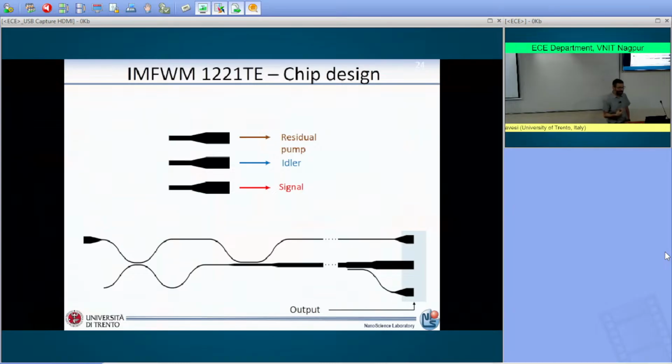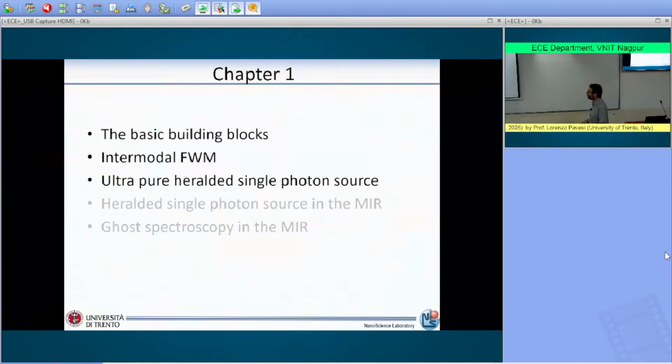So this is quite a useful tool to do, for example, a heralded photon source. What we did in this further application is to use the infrared photon as a herald and to use the signal photon as the heralded photon. And so we generated a heralded single photon source.